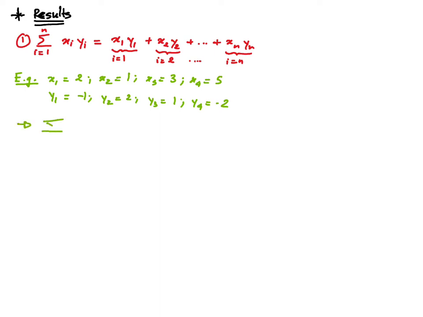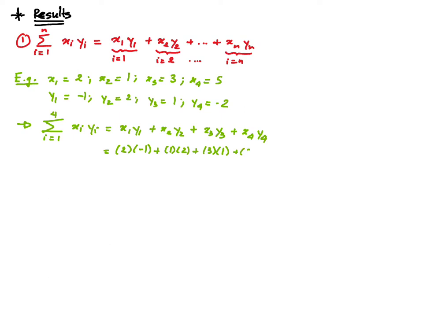Then the summation of xi times yi for i going from 1 to 4 is equal to x1 times y1 plus x2 times y2 plus x3 times y3 plus x4 times y4. So if you plug in numbers from above, you have 2 times -1 plus 1 times 2 plus 3 times 1 plus 5 times -2.